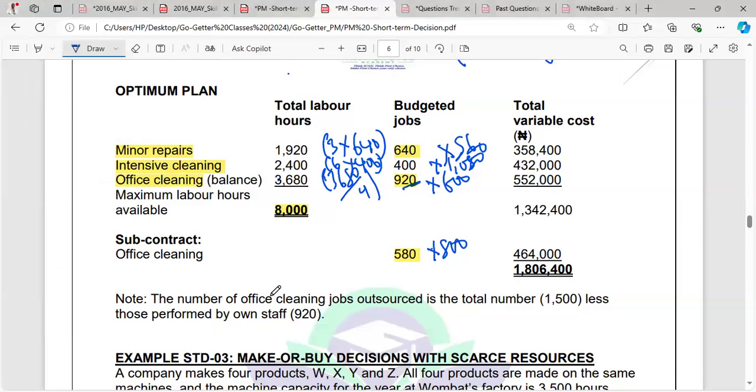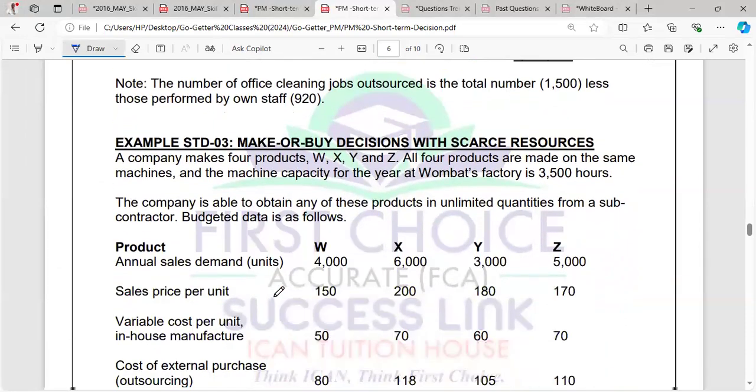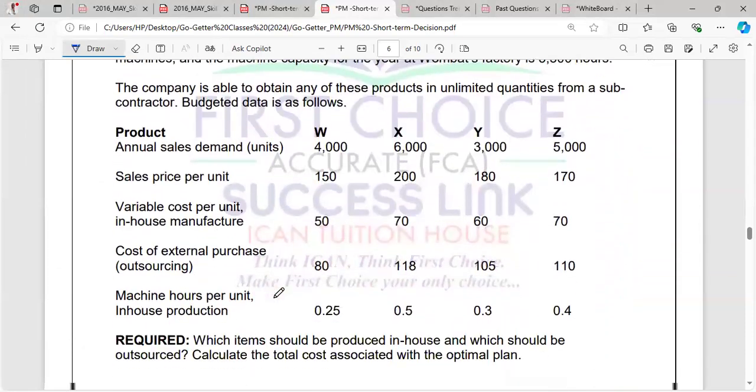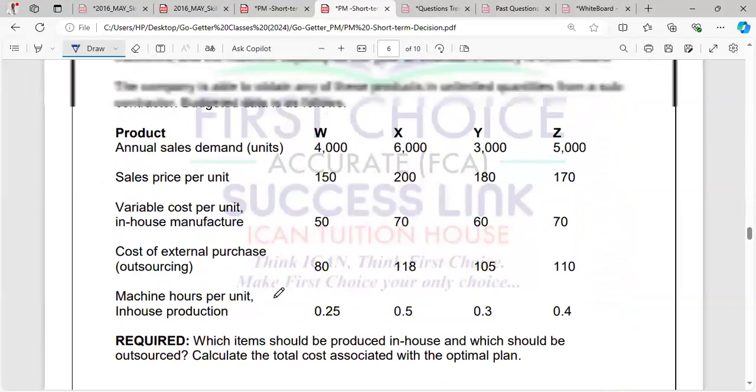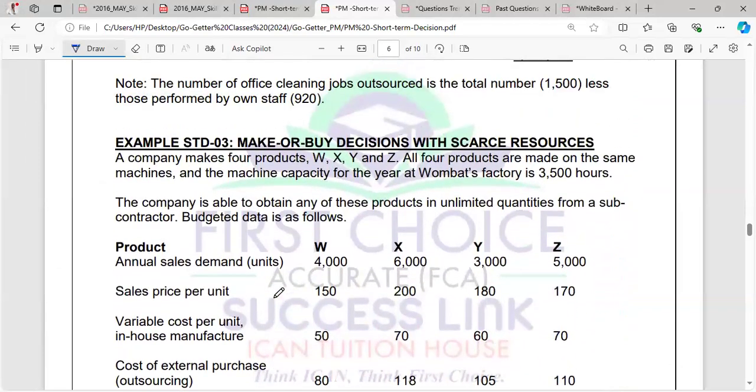Now that is make or buy with scarce resource. In our next class, we are going to take this second example with scarce resources so that we are going to integrate that with what we know today.